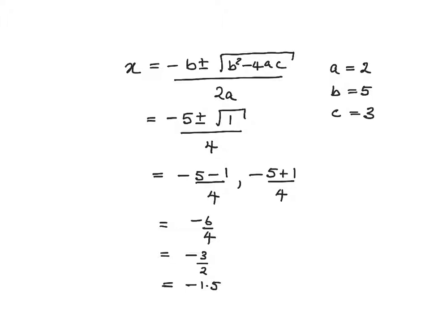And the second value is minus 4 over 4, which is minus 1. Now we do have to give the roots correct to one decimal place, so we should put in the value 0.0. And there we have the answers.